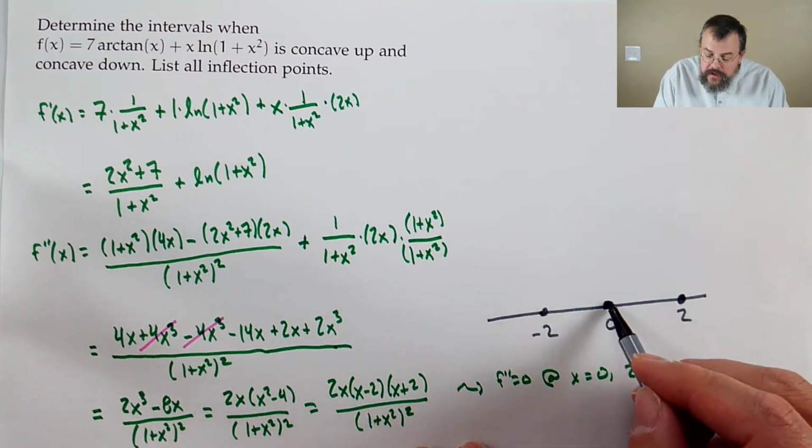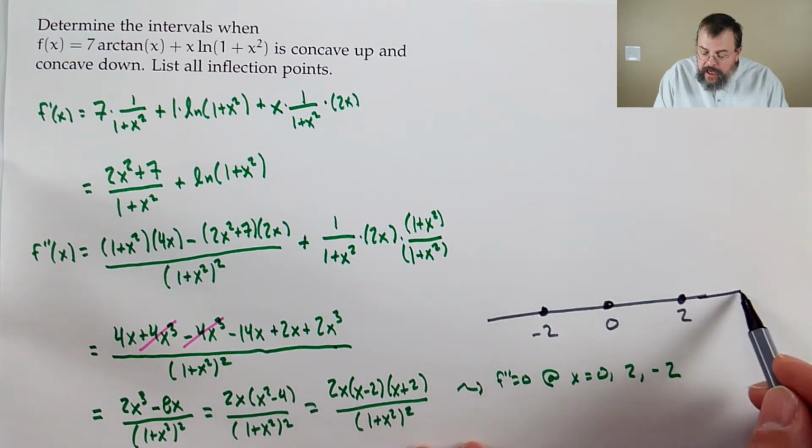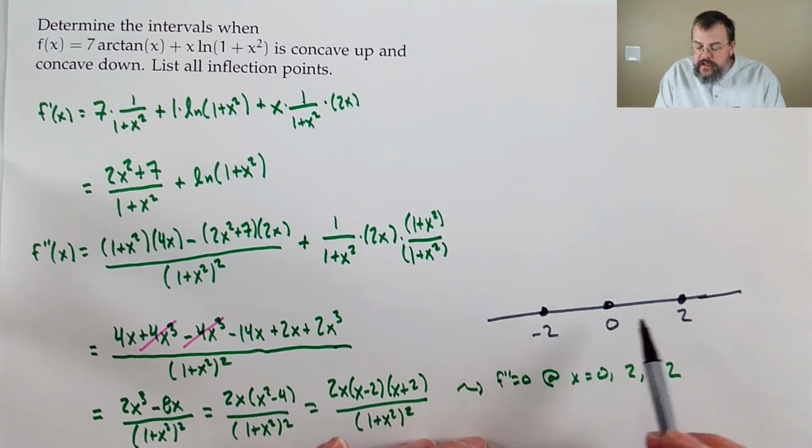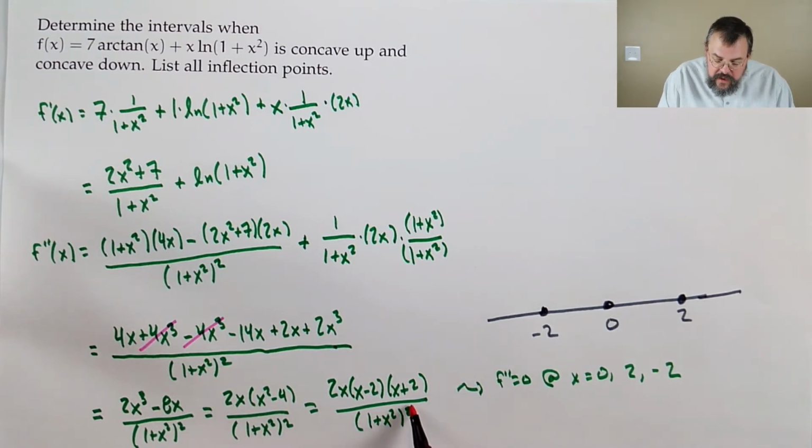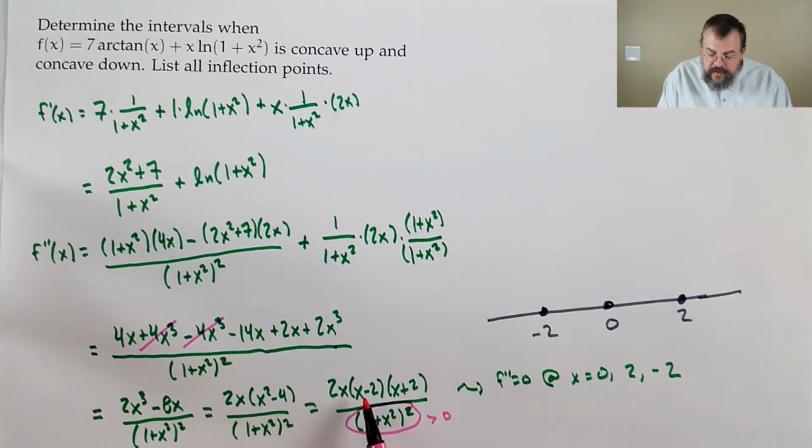Okay. Now, what we need to do is say, hey, what happens on each side of these points, or in between the points? So, well, we plug it in. Now, when we plug it in, we really don't need to worry about the denominator because this part here downstairs is always positive. So we're really going to say what happens upstairs.